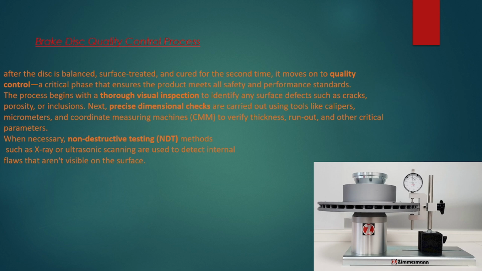The process begins with a thorough visual inspection to identify any surface defects such as cracks, porosity, or inclusions. Next, precise dimensional checks are carried out using tools like calipers, micrometers, or coordinate measuring machines, the CMM, to verify thickness, runout, and other critical parameters.